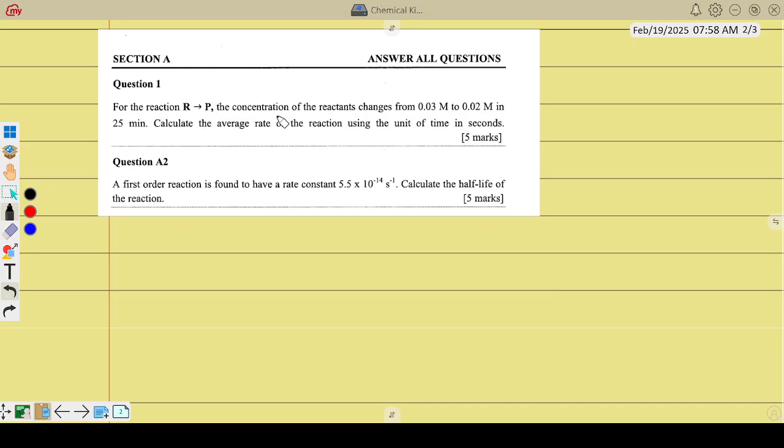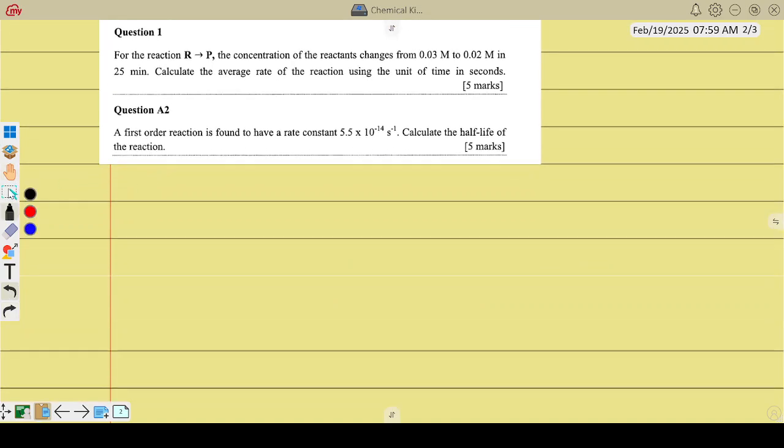I'm sure we're able to answer the average rate. The average, in lesson 2, we went through it while we said it's negative change in concentration. So in that case, we have R with respect to time. Yeah, then this is very easy by now. Final minus initial.